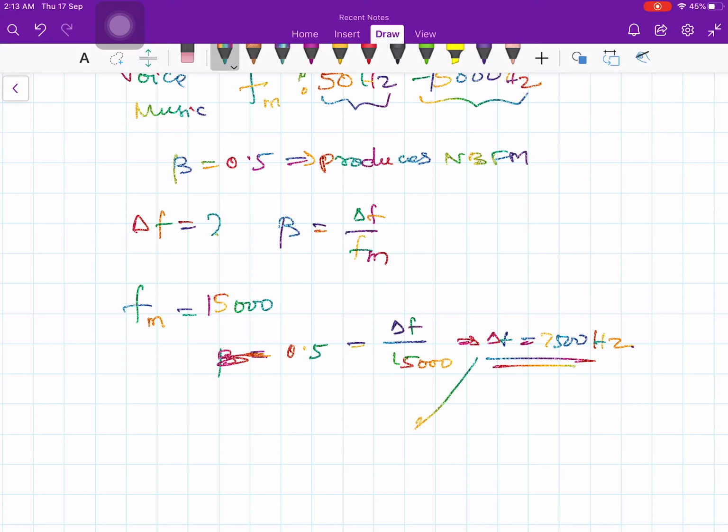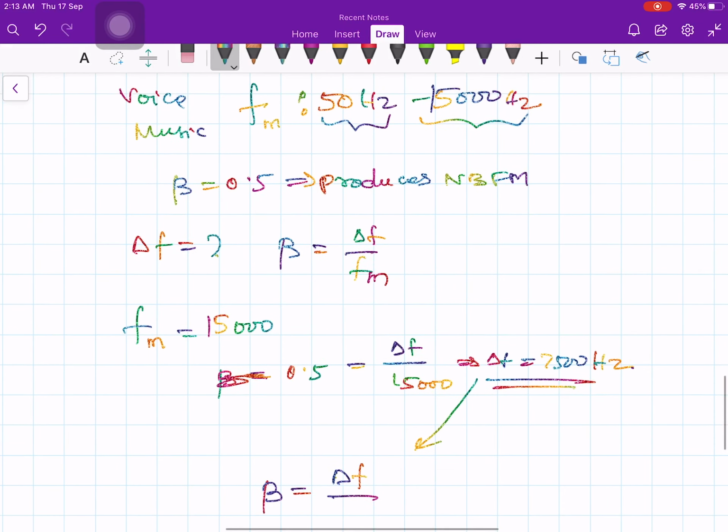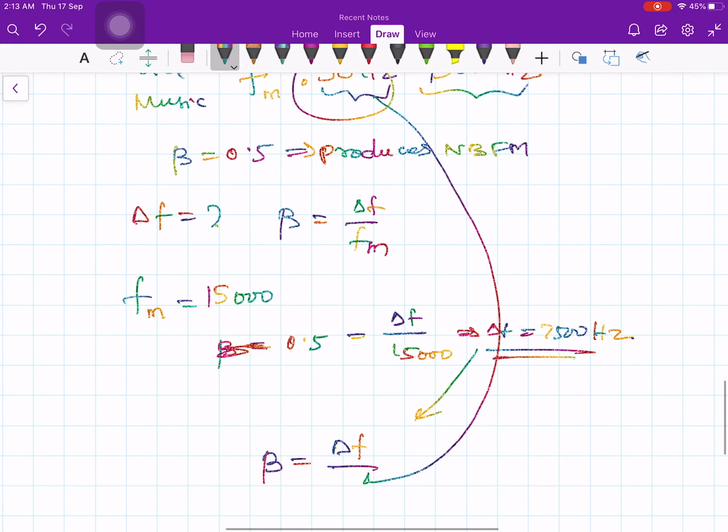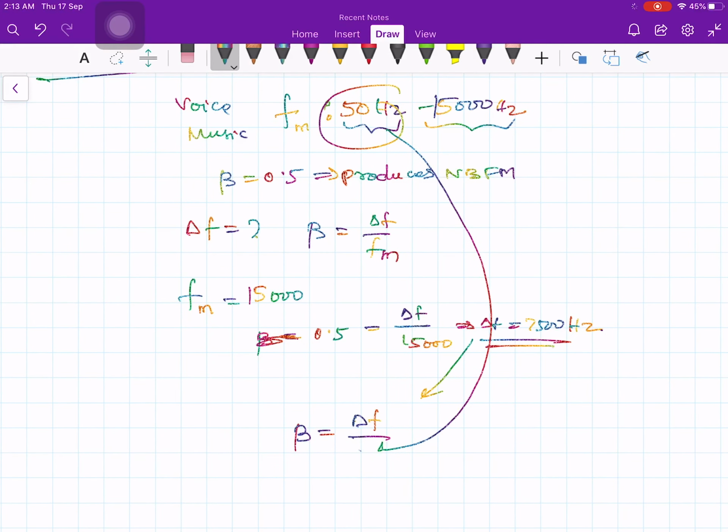Now for this case, what is the beta for lower frequency? Beta is equal to delta f divided by your FM. What is your FM for the lower frequency? 50 Hz. You bring this 50 Hz here. So 7500 divided by 50.